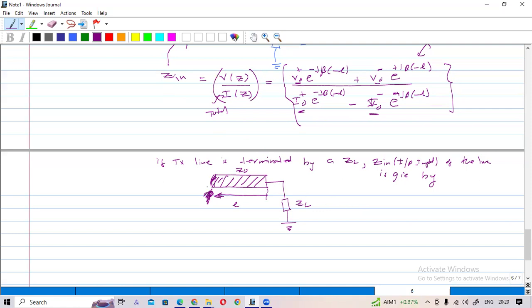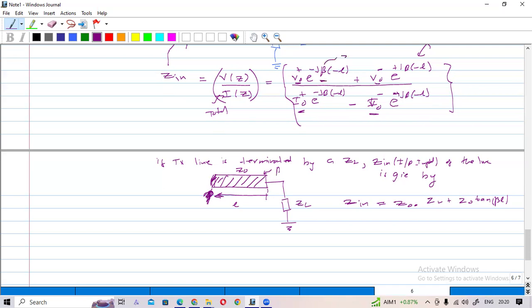Z in, the total impedance at the edge of the transmission line, is equal to Z0, the characteristic impedance, into ZL plus Z0 tan beta L. Beta is the phase constant.